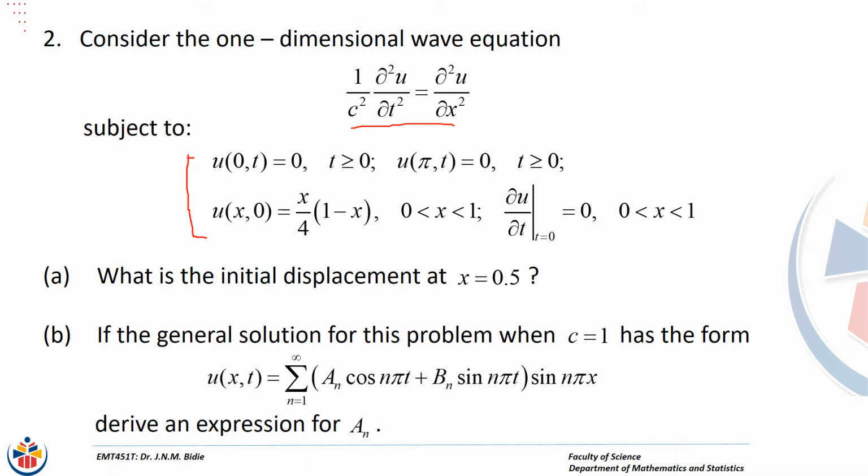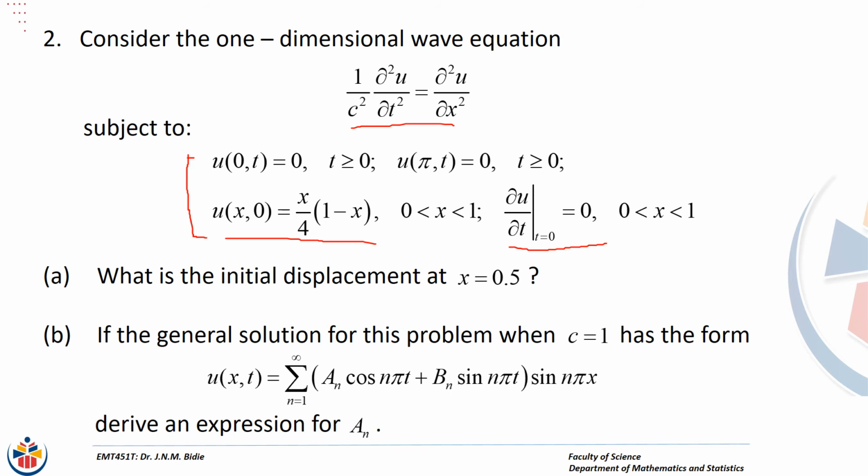Now note the difference. In our previous number 1 problem, our u of x,0 was equal to 0, and we had du over dt at t equal to 0 equal to 1. Note now the difference. Our u of x,0, that means the initial displacement, has been given. So that means this string was initially disturbed.